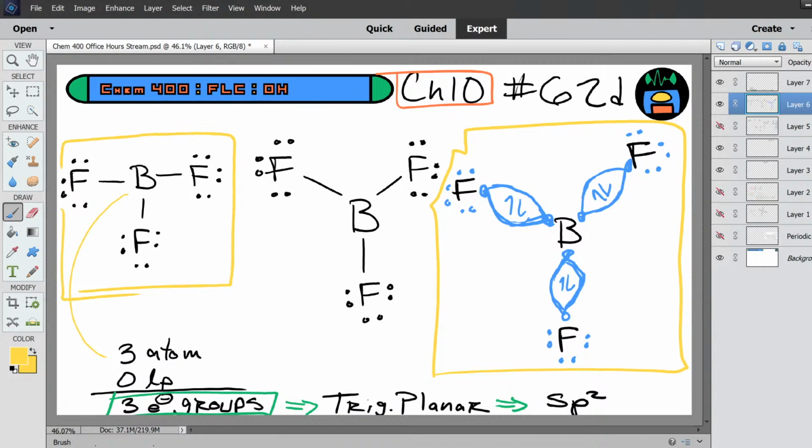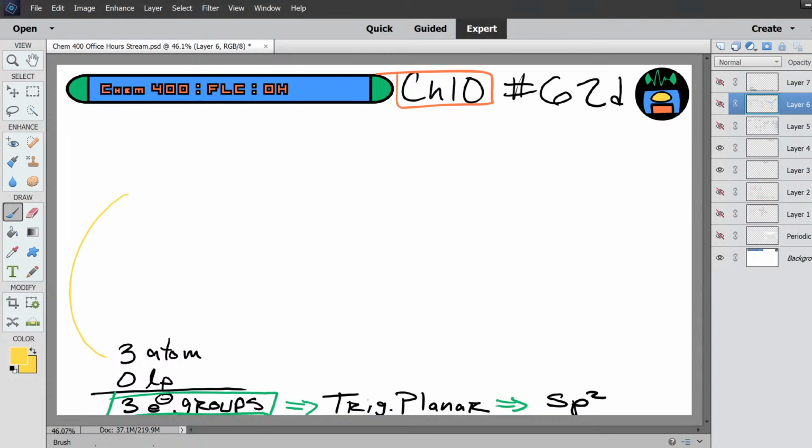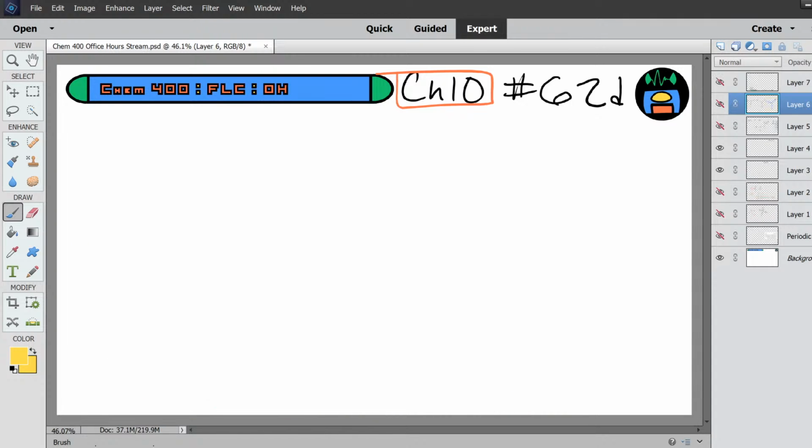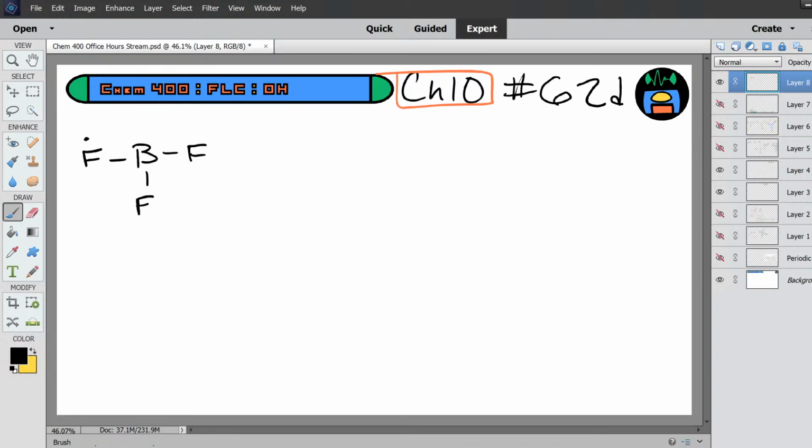But there is another resonance structure, and this may be the one that they're basing it off of. So I drew this Lewis structure, and I stopped there because boron is totally allowed to break the octet rule and have fewer.